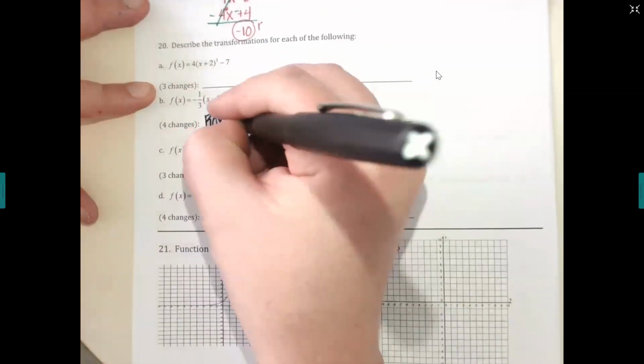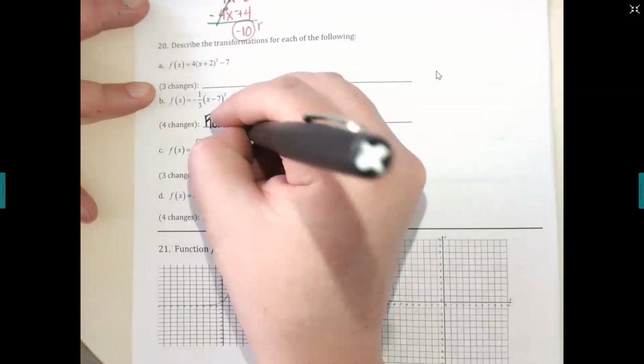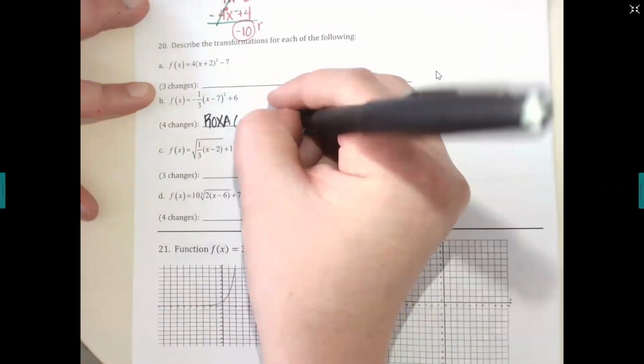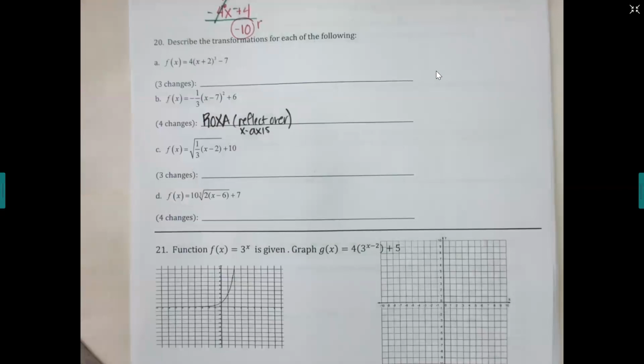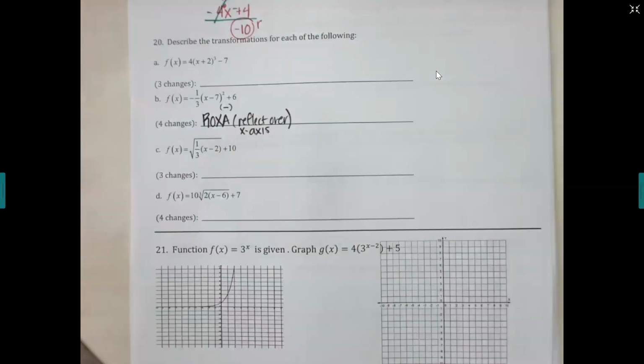Okay, but that stands for reflect over X axis. Okay. And then to show what did that, I'm gonna put a negative up here at the top. So the negative is what's making it reflect across the X axis.